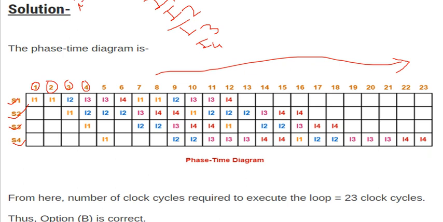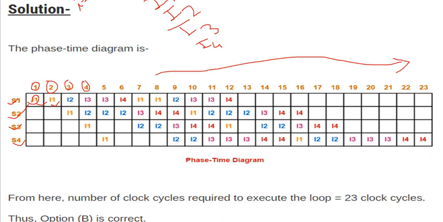At the first clock, I1 will run. But as we know, in stage S1, I1 requires 2 clocks. So I1 will be here and here, because 2 clocks are required for the S1 phase.